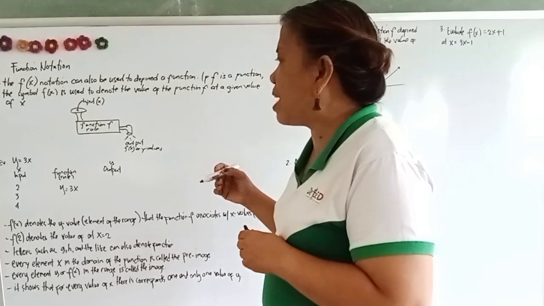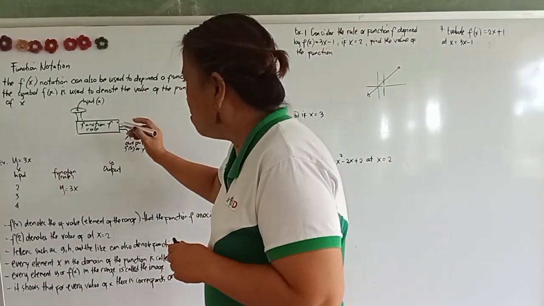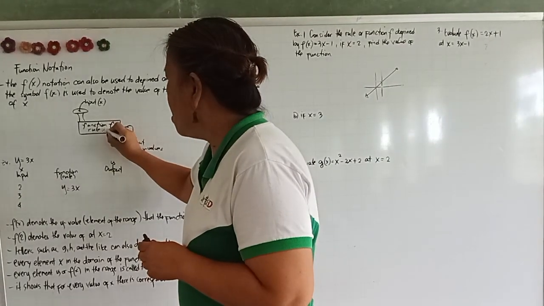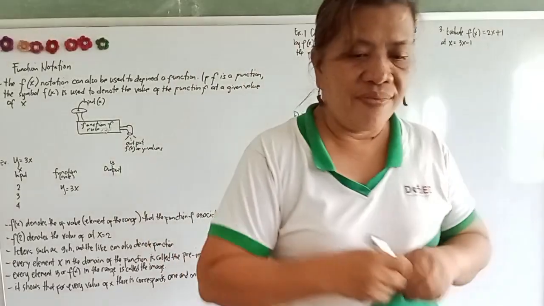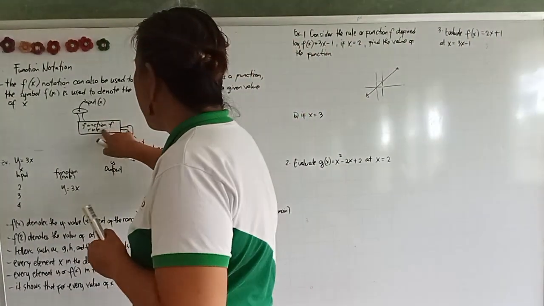For example, we have this rule. I'm going to put it inside: y equals 3x. So this is our rule, 3x.